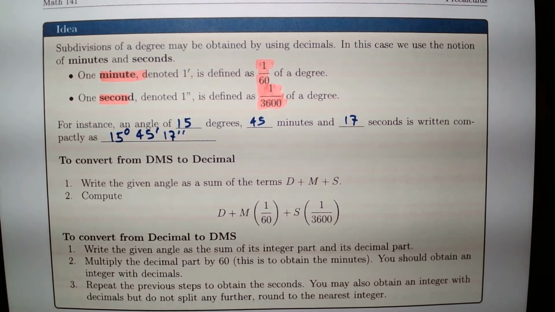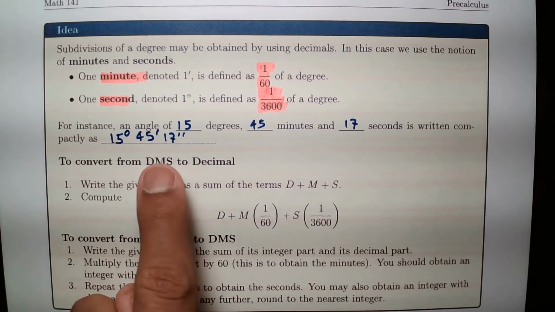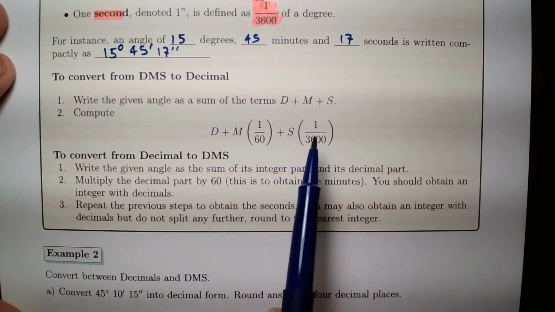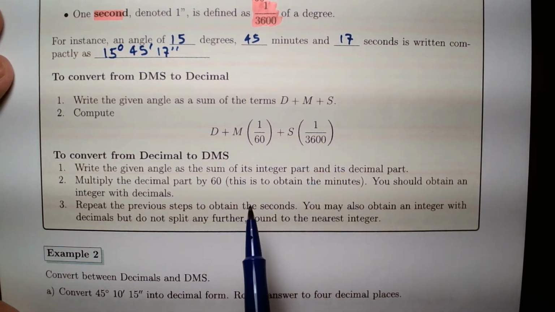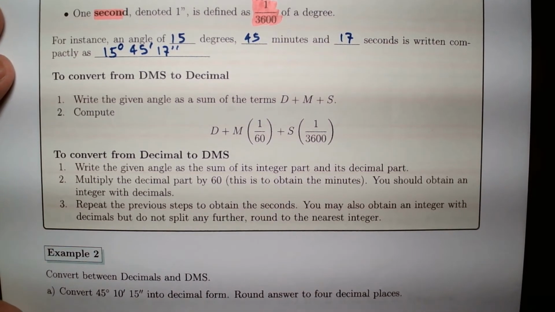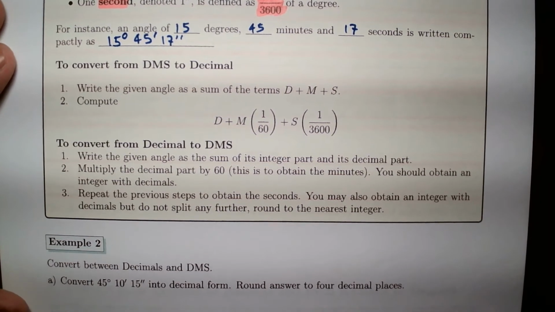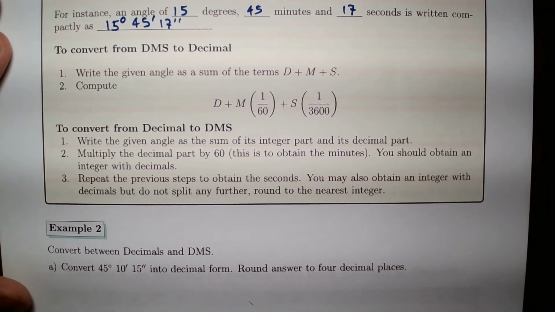All right. Now, how are we going to convert between degrees, minutes, and seconds to decimals? And how do we convert from decimals to degrees, minutes, and seconds? Well, the first one is really short to do, but the second one might require a little bit more work.